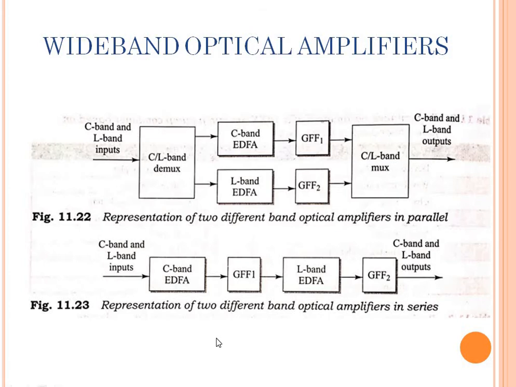Next, coming to the series configuration. So it is known as seamless wideband optical amplifier because it does not require splitting the signals into separate parts, and it also avoids noise figure degradation of wavelength couplers and the additional cost of the couplers themselves.